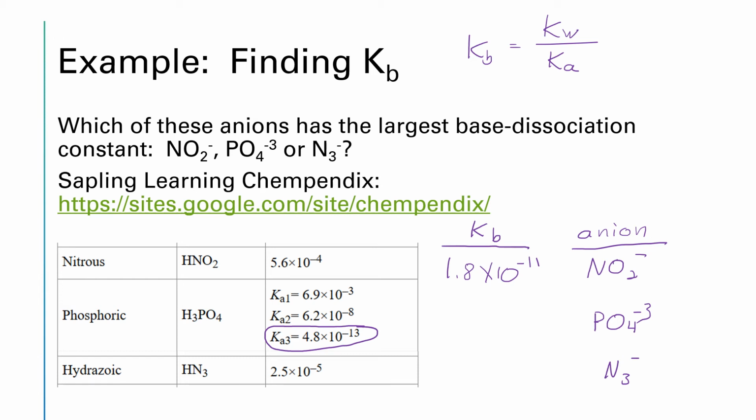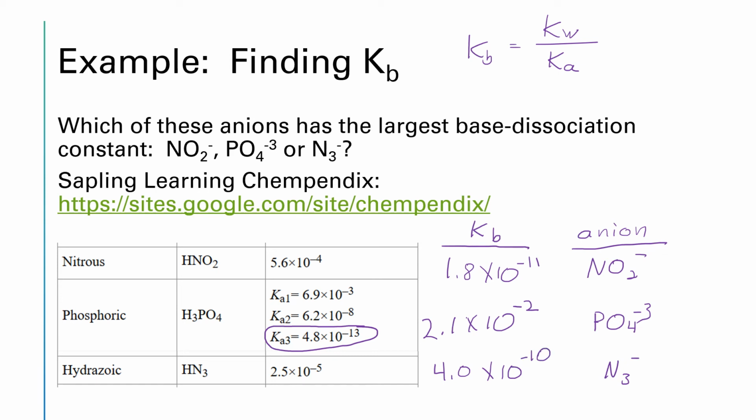So I'll have 1 times 10 to the negative 14 divided by 4.8 times 10 to the negative 13, and that's going to give me 0.02, or in scientific notation, 2.1 times 10 to the negative 2. And then for our last one, 1 times 10 to the negative 14 divided by 2.5 times 10 to the negative 5. That's going to give me 4.0 times 10 to the negative 10.